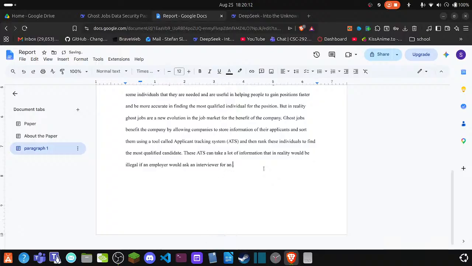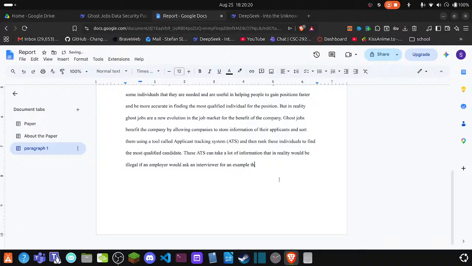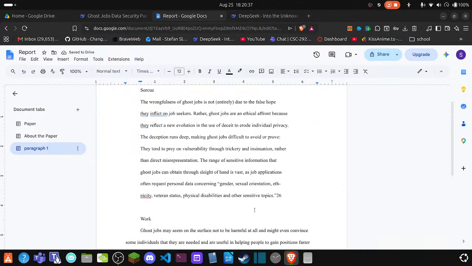For an example, well, it's not really the ATS that's asking these questions. It's really the employer that's putting it toward the application process, asking for these questions.